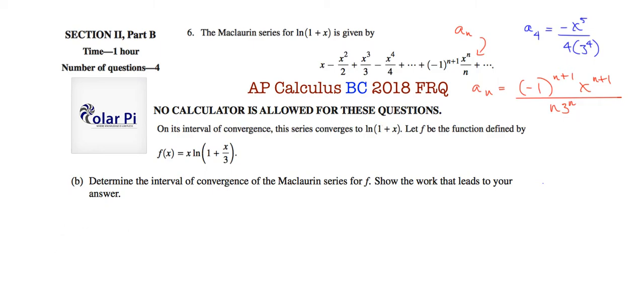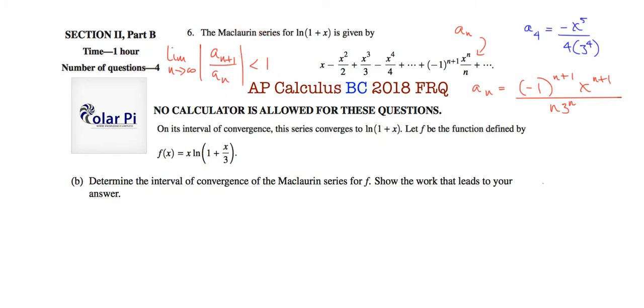So we know that the interval of convergence is found by taking the limit as n goes to infinity of the absolute value of a sub n plus 1, the next term, divided by the previous term in the Maclaurin series expansion for f, and setting this to be less than 1. That's how we're going to find the interval of convergence.